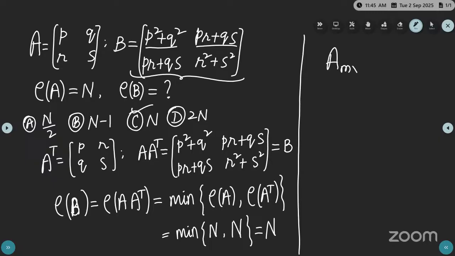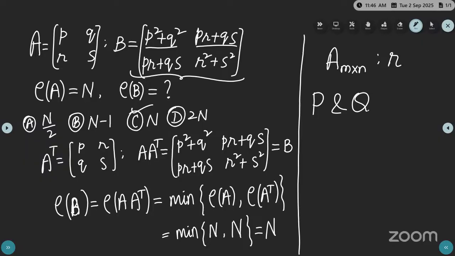If capital A is a matrix of order M by N with rank small r, then there exist two non-singular matrices P and Q.